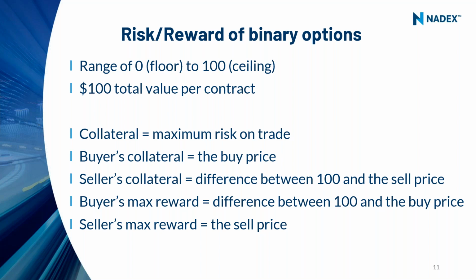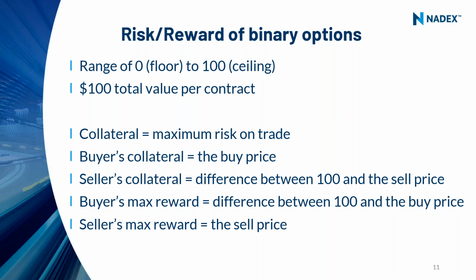So if you buy a binary option, if you're a buyer, how much money do you have to put up to trade a binary option? That is the collateral, the maximum risk on a trade. If I'm buying a binary option, what I pay for it, I can't lose any more than that.